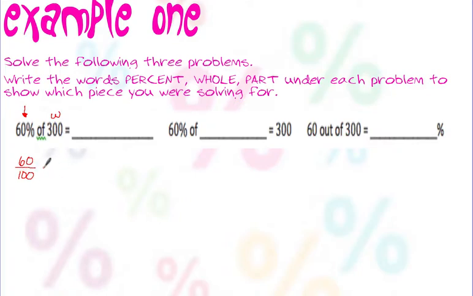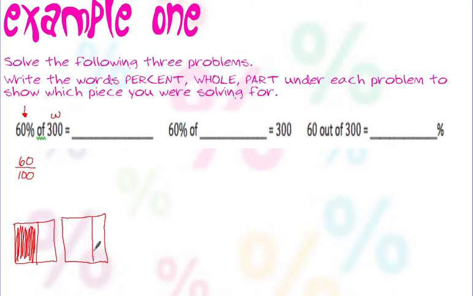I know that if I were to draw grids, I could do a grid where I have 60 out of 100 colored in, and then another grid where I have another 60 out of 100 colored in, because that means that's another 100, and I'm going for 300.